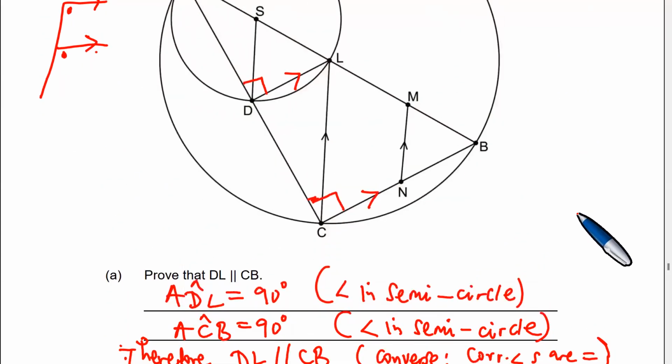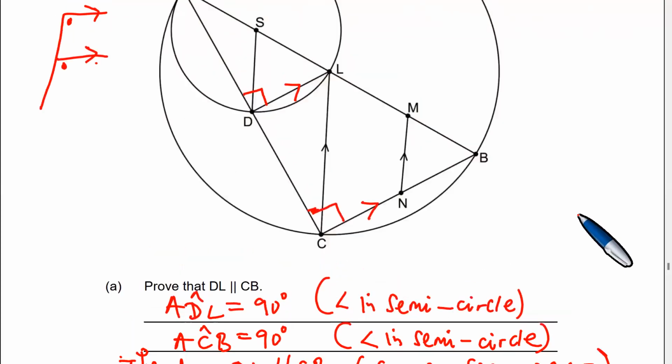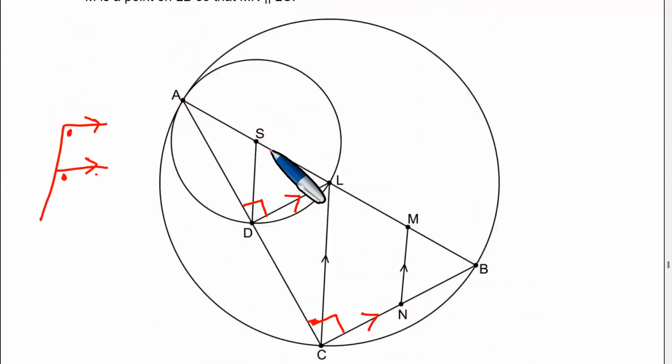Right, next we make another observation. SD is equal to SL, because S is the center of the smaller circle. From the center to the circumference is the radius, and that is also another radius.